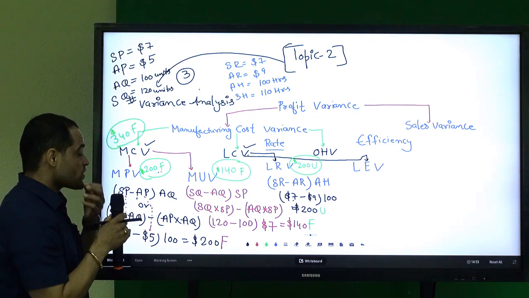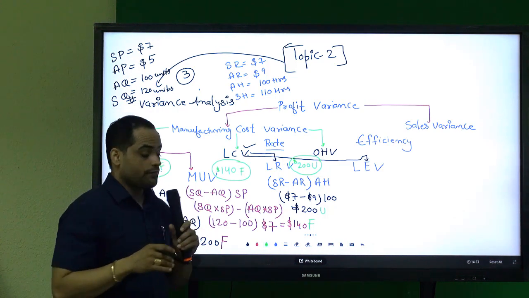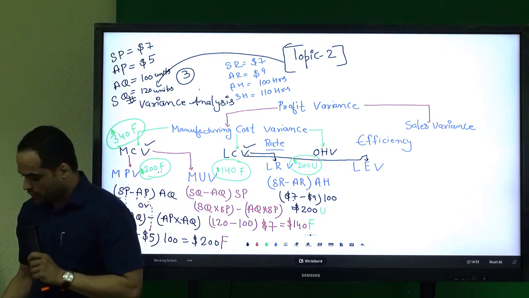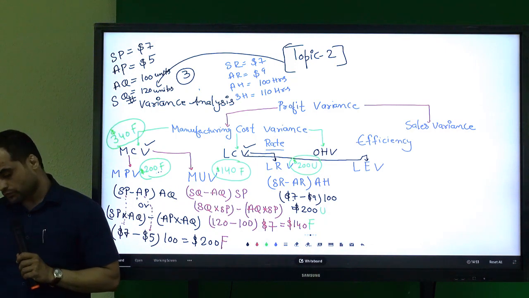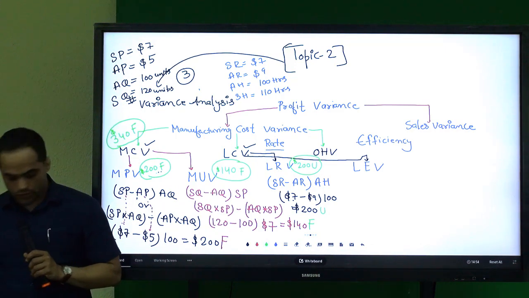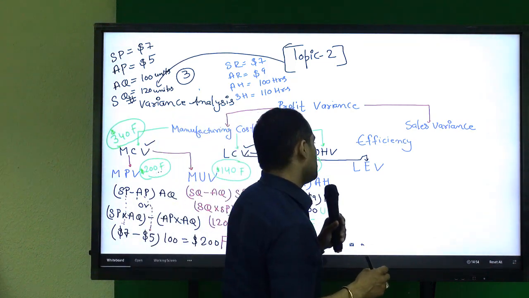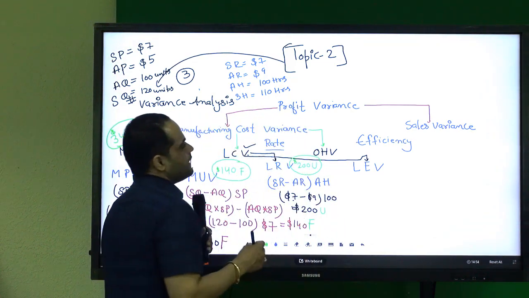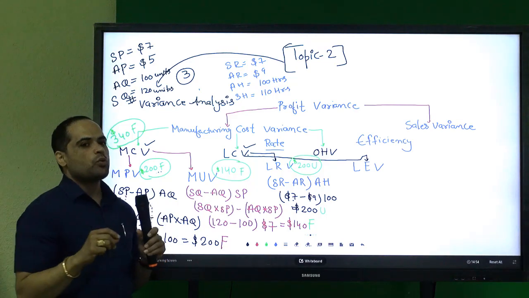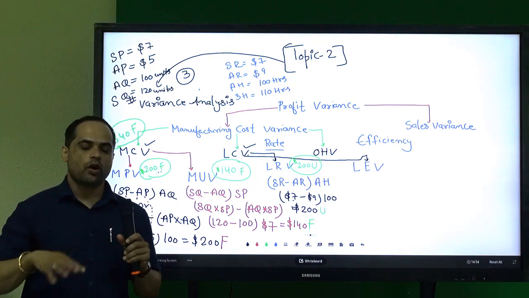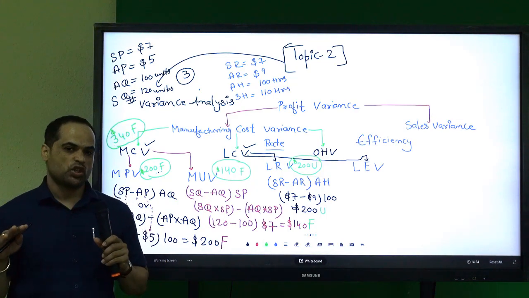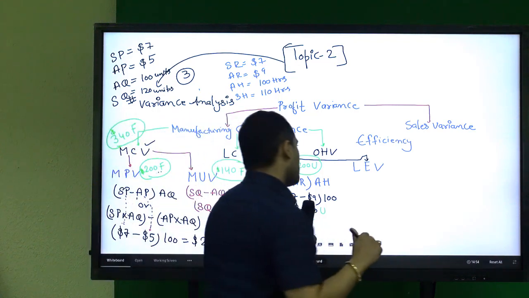So let's move on to labor efficiency variance. I repeat what this efficiency variance is. It says how many hours workers are working to complete the job.